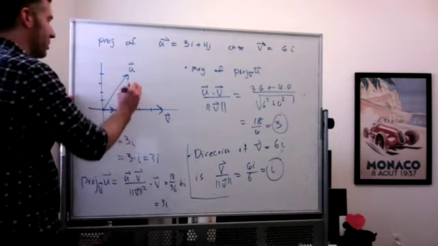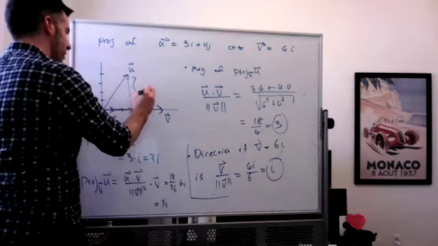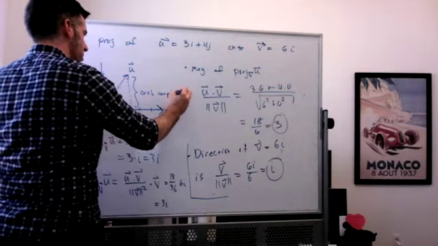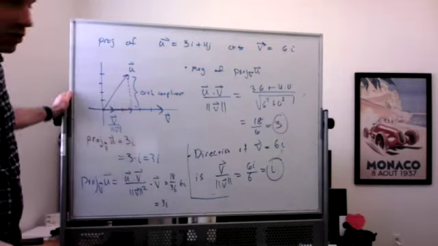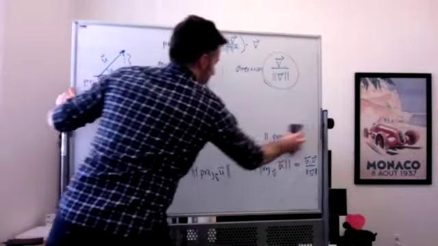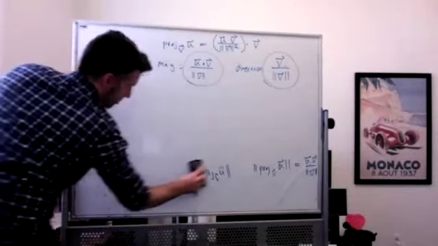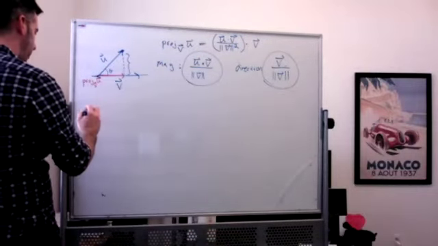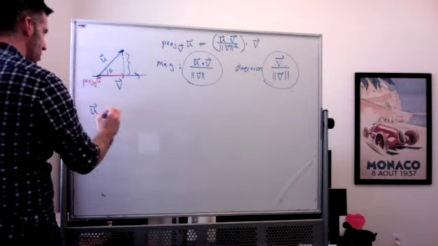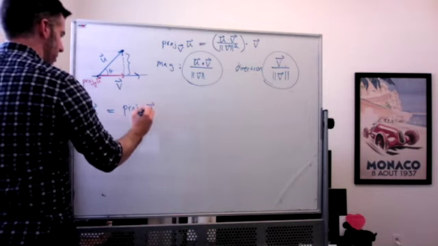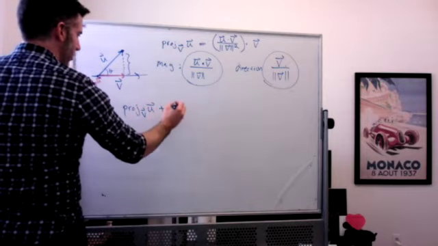And then if you want to know what the orthogonal complement is, well, here's what's true. Let me go to the other side here. So u is going to equal the projection of u onto v plus the orthogonal complement.